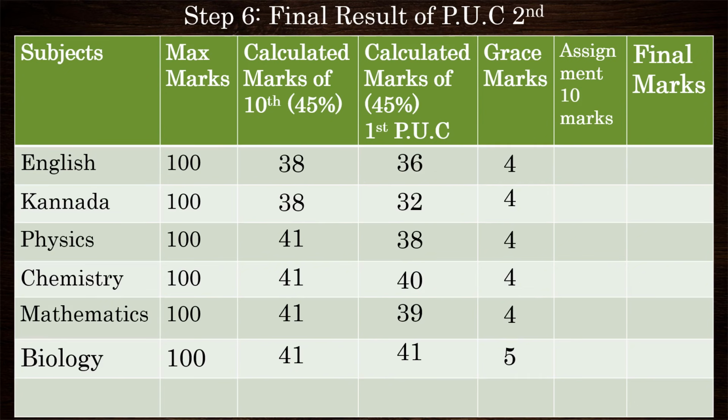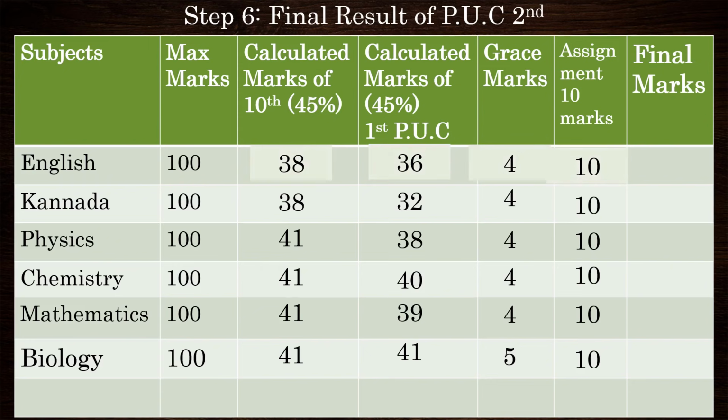Assignment, I am considering the assignment as 10 for each of the subjects. It depends upon your attendance online and offline, submission of records, submission of assignments, regularity, punctuality, behavior in PUC second year.